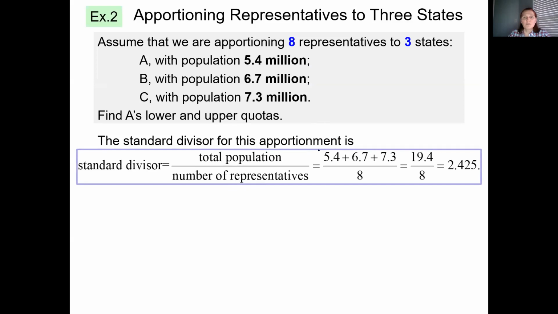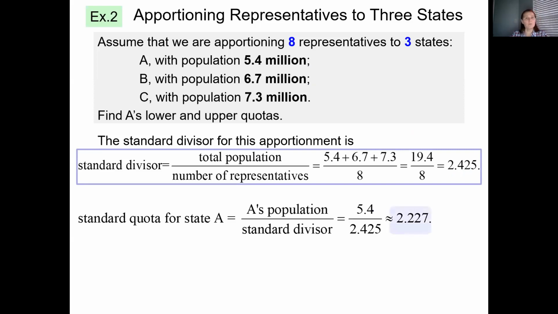First we find the total by adding 5.4, 6.7, and 7.3. 19.4 divided by 8 is 2.425. This is the standard divisor. We do not round it too much; we want an answer as exact as possible, so 2 or 3 digits after the point are necessary in such a problem.